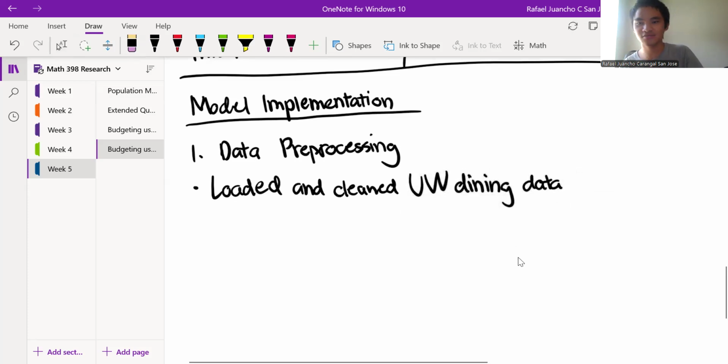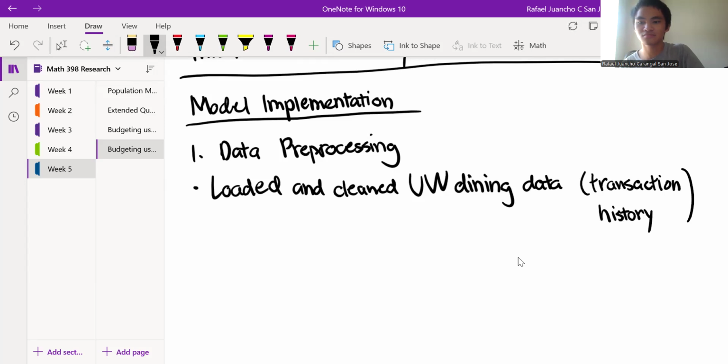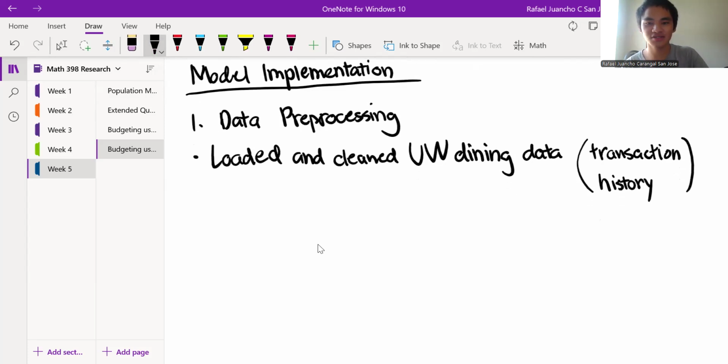That includes the dates, the balances, overall just the transaction history. I converted timestamps, but maybe I shouldn't write that, that's just a coding thing. So basically, I pre-processed the data.